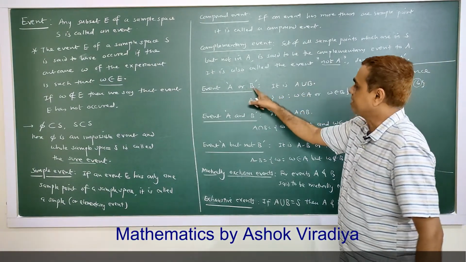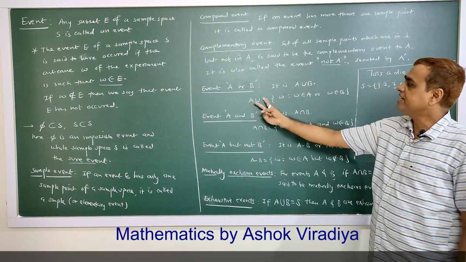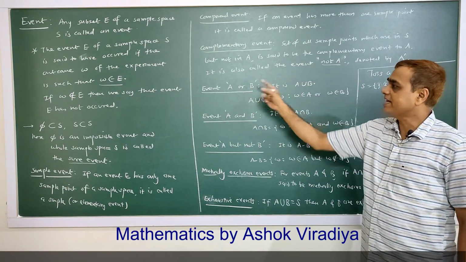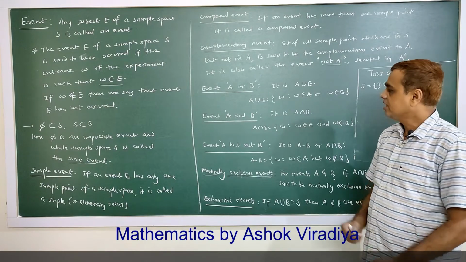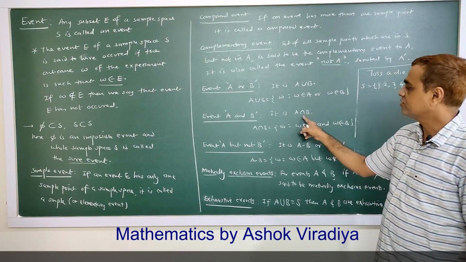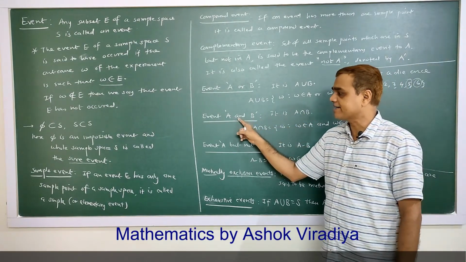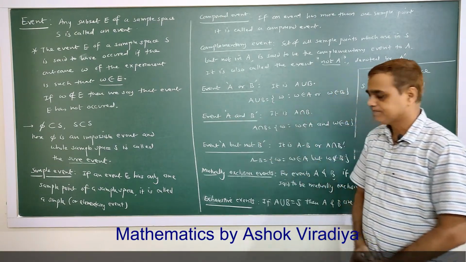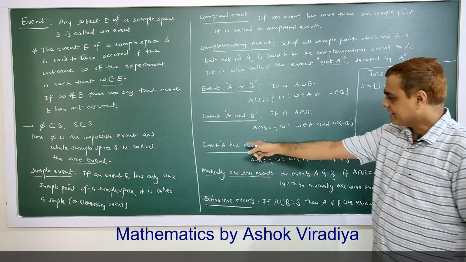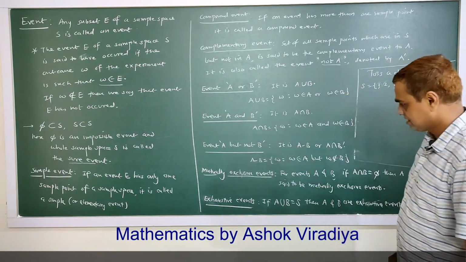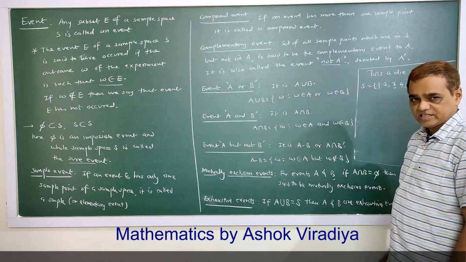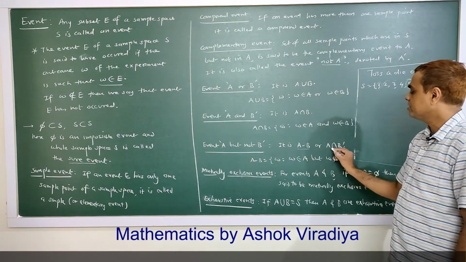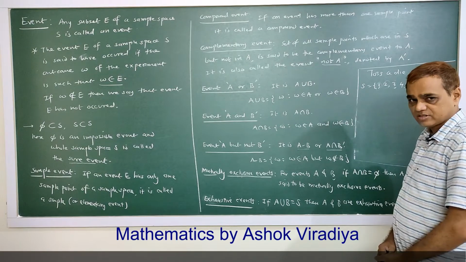Event A or B. If we take the union of two events, then it is said to be event A or B. If you take the intersection, for intersection we use the word AND. Event A and B means A intersection B. Event A but not B means A minus B or A intersection B dash.